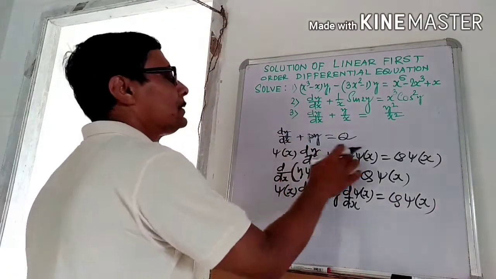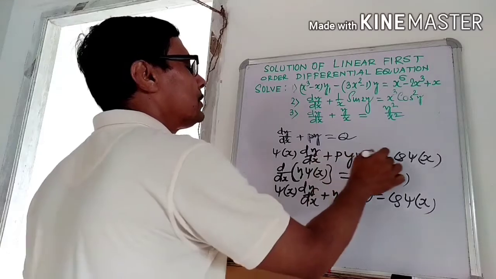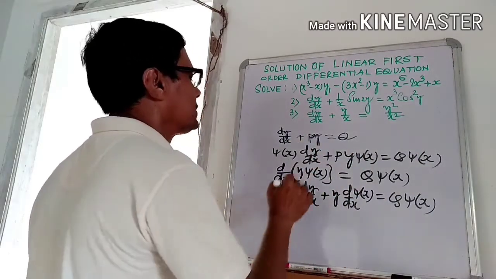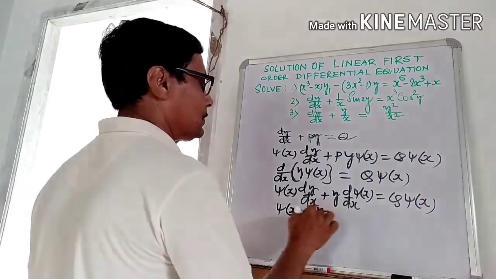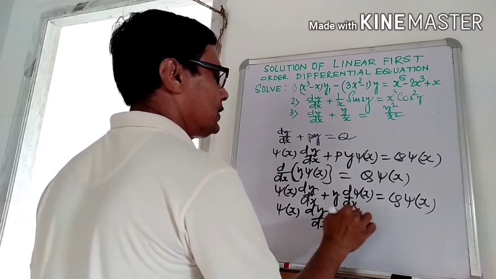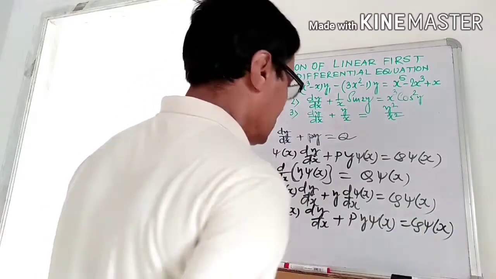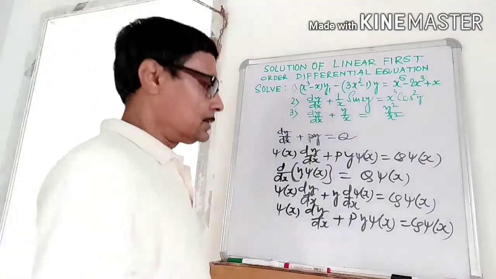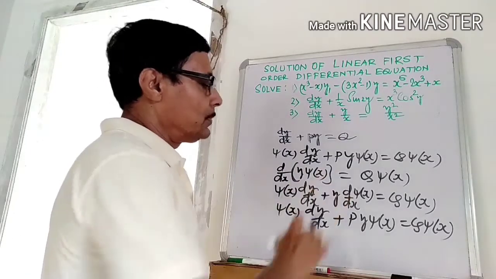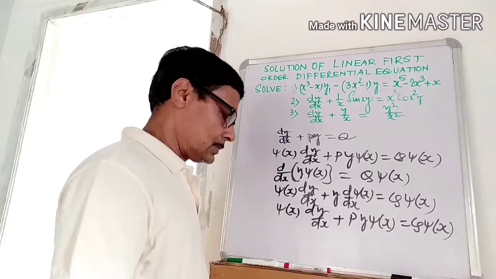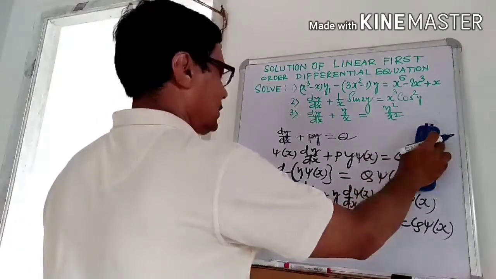Again we write the equation after multiplying by psi(x) on both sides: psi(x) dy/dx + p y psi(x) = q psi(x). Here these two equations are identical, that is they are the same equations. So we can compare the terms of these two equations.